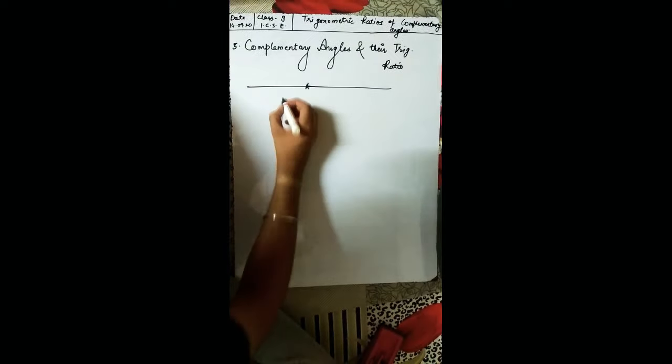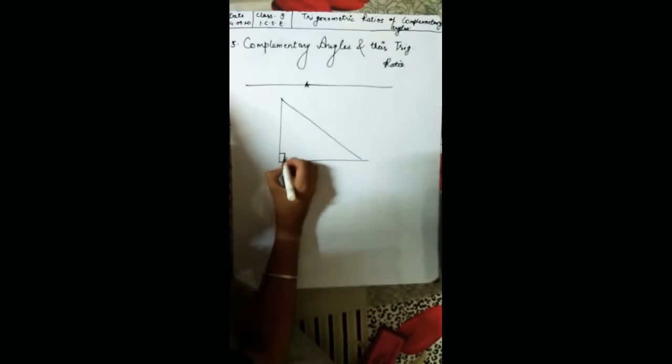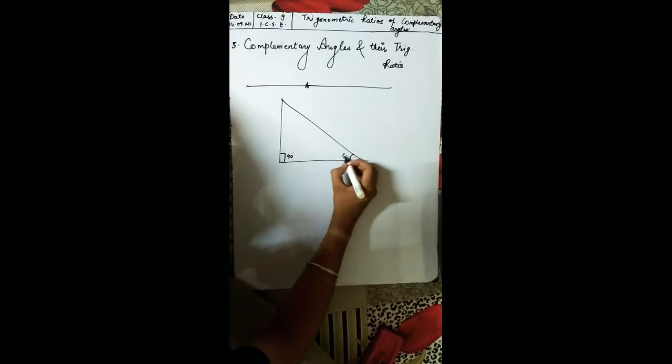First of all, say for example, you have a 90-degree triangle, and you have theta here.